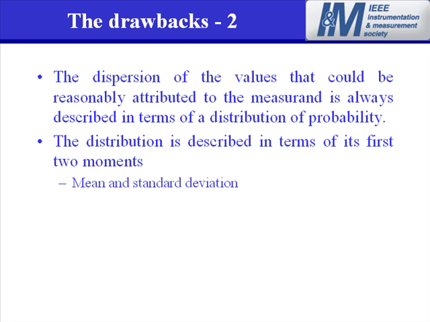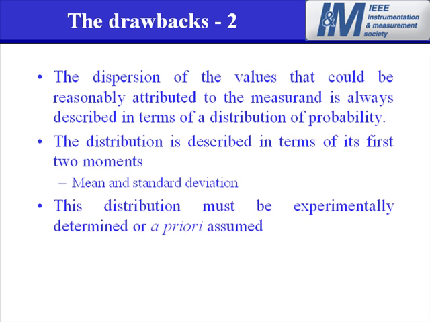This distribution is described in terms of its first two moments, mean value and standard deviation. And if we want to use only these two values, then the distribution must be known, either because it has been determined experimentally or because it has been assumed a priori.